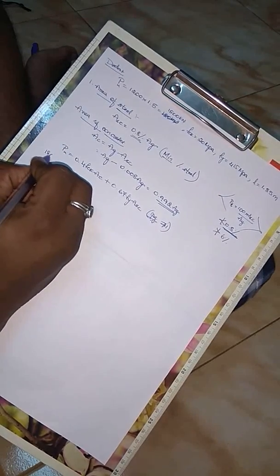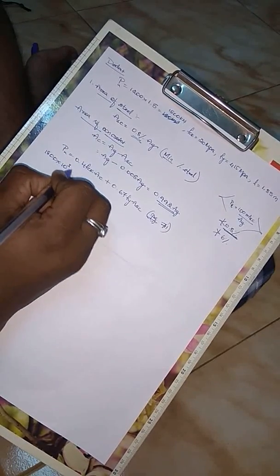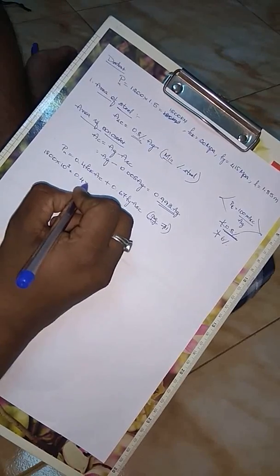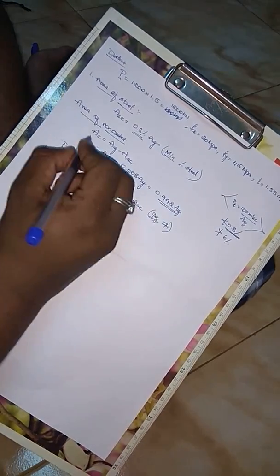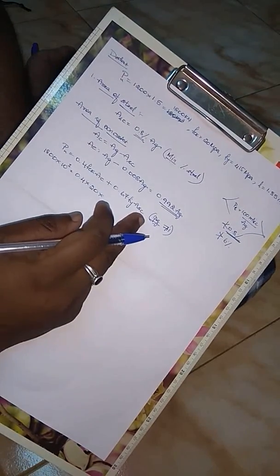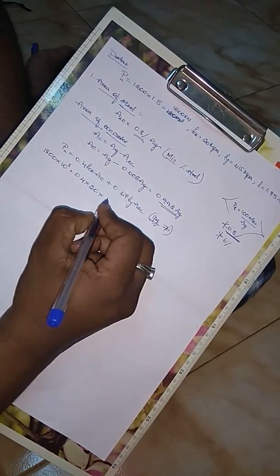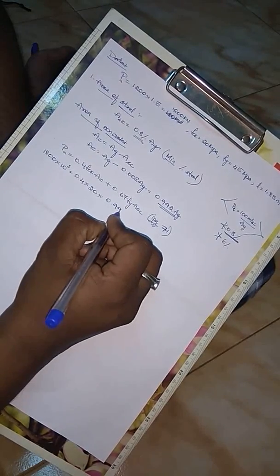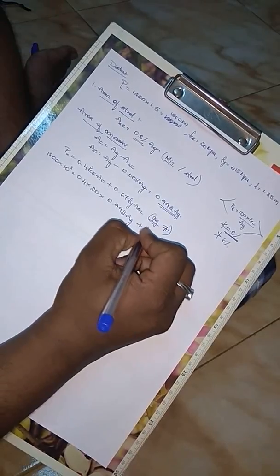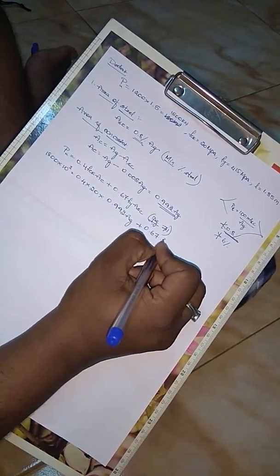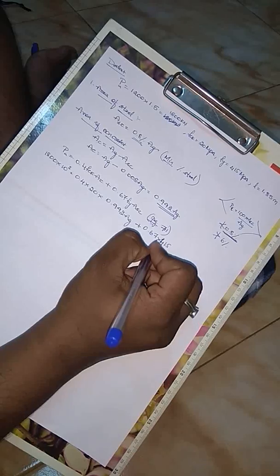PU means 1800 into 10 power 3. 0.4 into FCK means 20. AC, that is the area of concrete that we have done, 0.992 into AG. So 0.992 into AG plus 0.67 into FY is 415.